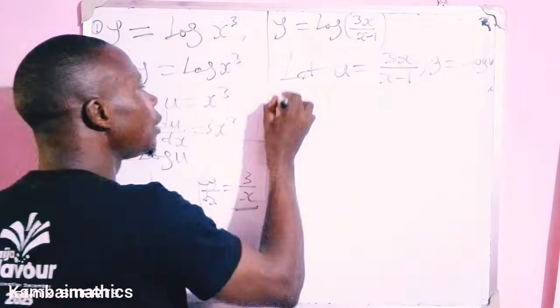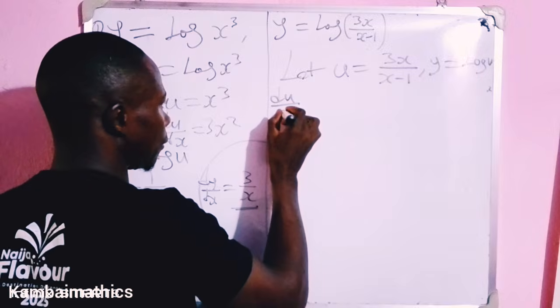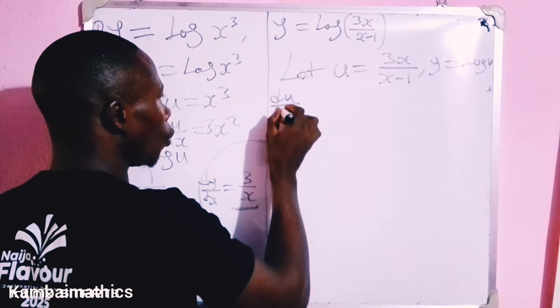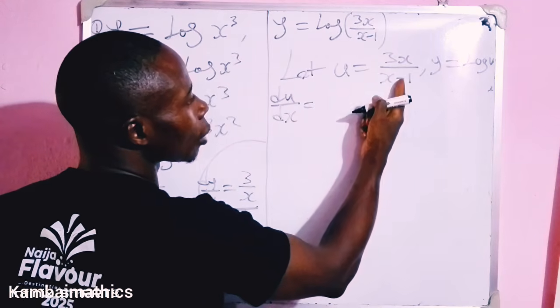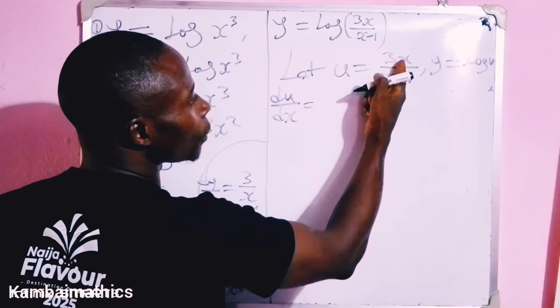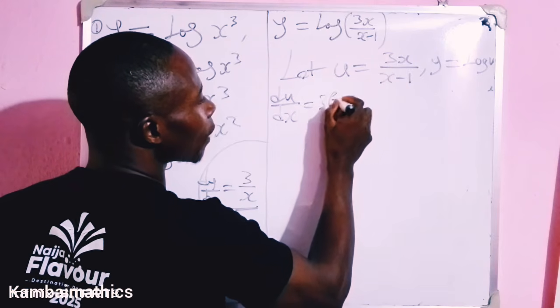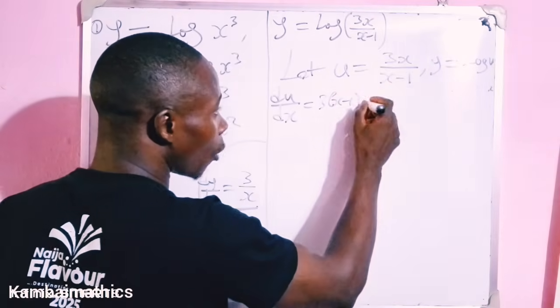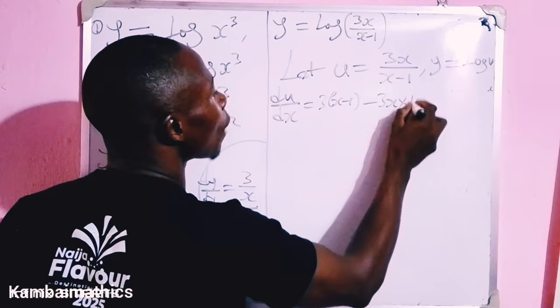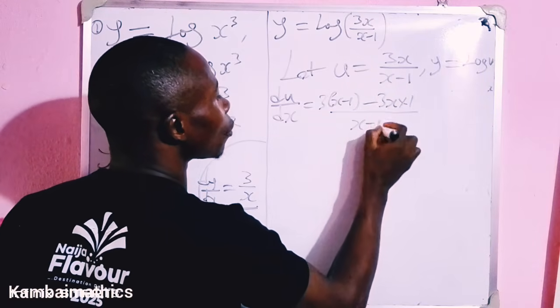So du all over dx will be equal to, when you differentiate, up is 3. Then this will be 3 open bracket x minus 1. We are leaving down. We are now differentiating down here, which is 1 multiplied by up, that is 3x times 1, all over x minus 1 in bracket square.